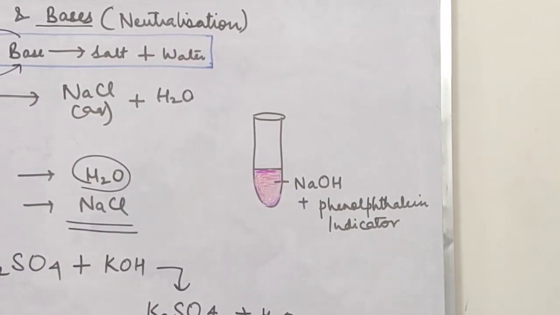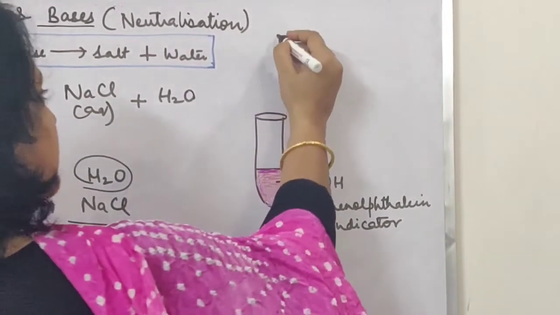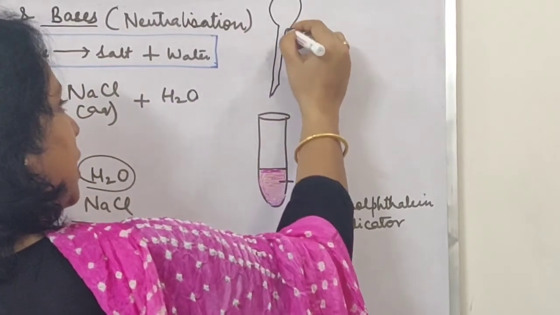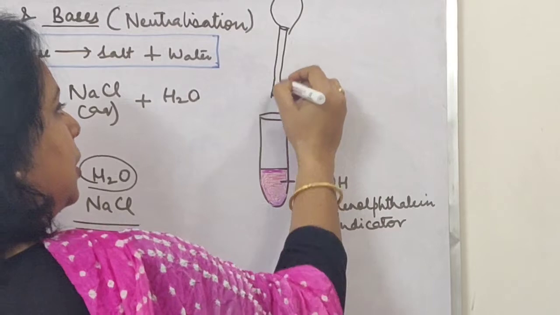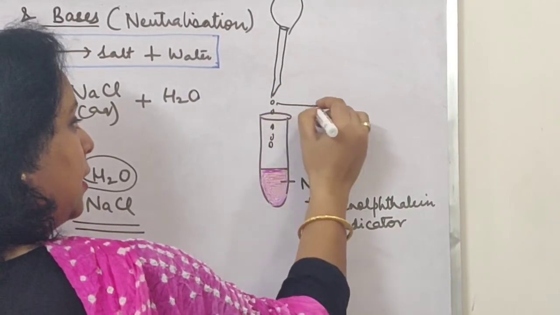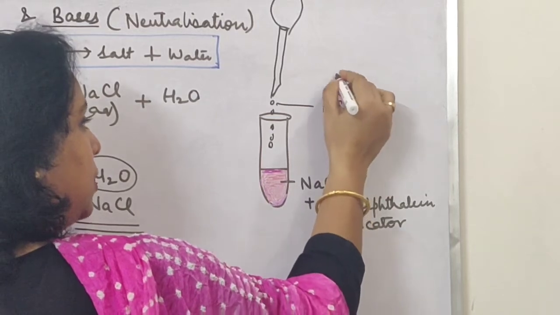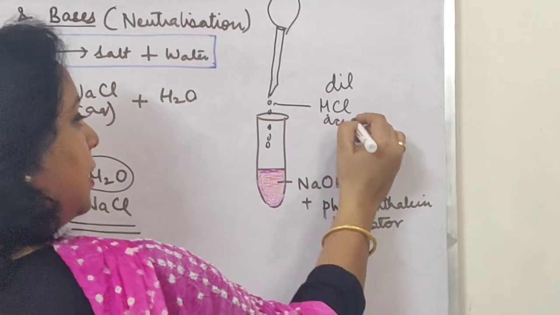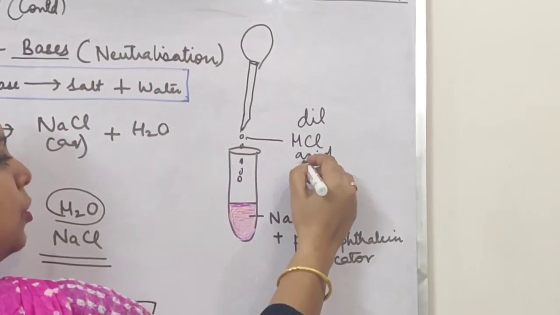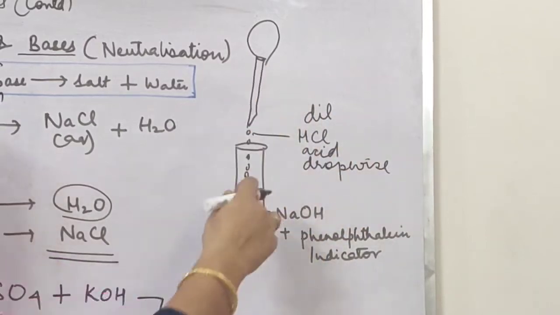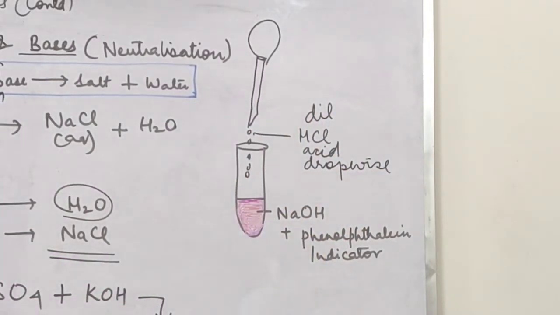Now what I do, I add with the help of a beaker, this dropper. What I am going to do, I am going to add dilute HCl acid. How? Drop wise. Drop wise, when I add, what is going to happen?